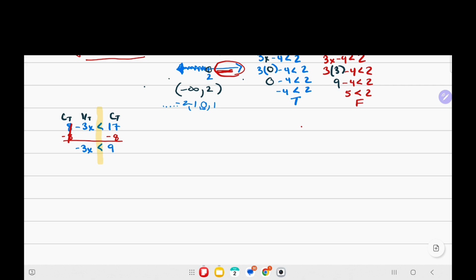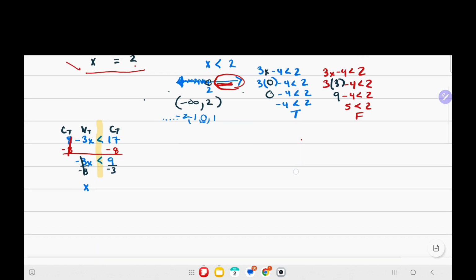All right? Almost the last step. Rule 6 says get the variable by itself. So we divide both sides by negative 3. Whatever we do to one side, we're doing to the other side. And now the negative 3's cancel. We're left with x. But wait a minute.